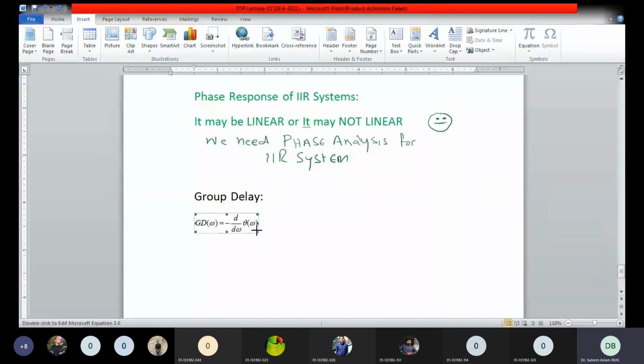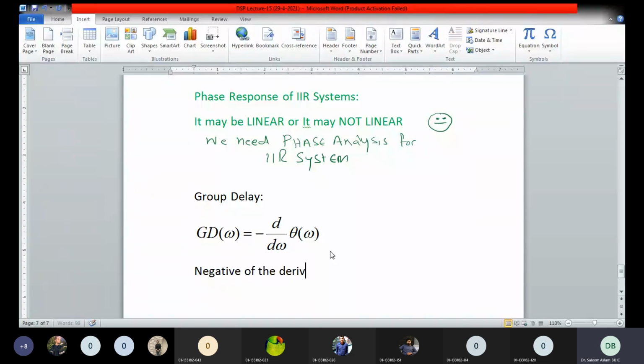So how do you define a group delay? It is the negative of the derivative of the phase response of a system, called group delay. तो आप किसी भी इंटरव्यू में जाएंगे जो सिग्नल प्रोसेसिंग से रेलेवेंट होगा, आपसे ये लाजमी पूछा जाएगा कि ग्रुप डिले क्या होता है. नेगेटिव ऑफ द डेरिवेटिव ऑफ द फेज रिस्पांस of a system is known as group delay.